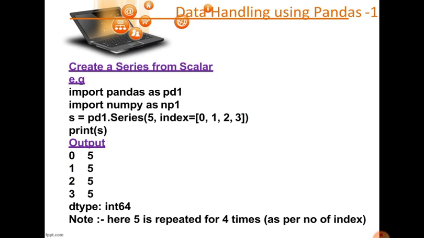Output: 0 5, 1 5, 2 5, 3 5, dtype int64. Note here 5 is repeated 4 times as per the number of indexes.